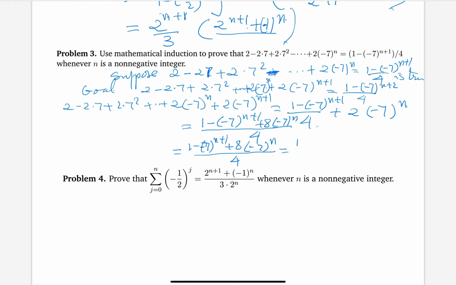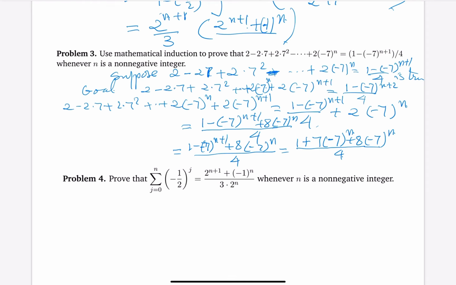So this one is just 1 plus, because here is negative 1 plus 7 over (-7)^n. If you don't understand here, let me know. And here is plus (-7) to the n, okay? And here you will have 4.